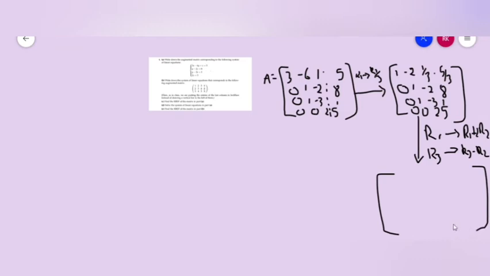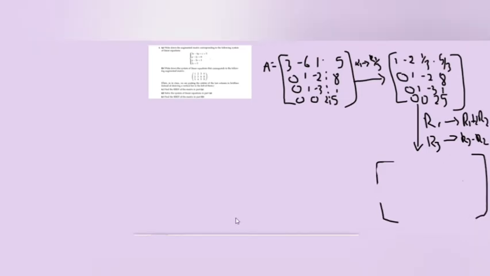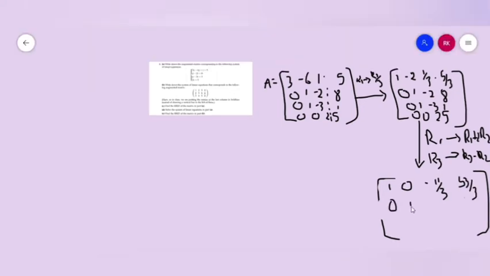When we do these operations, we get a matrix like this: 1, 0, minus 11 upon 3, 53 upon 3; 0, 1, minus 2, 8; 0, 0, minus 1, minus 7; 0, 0, 2, 5.